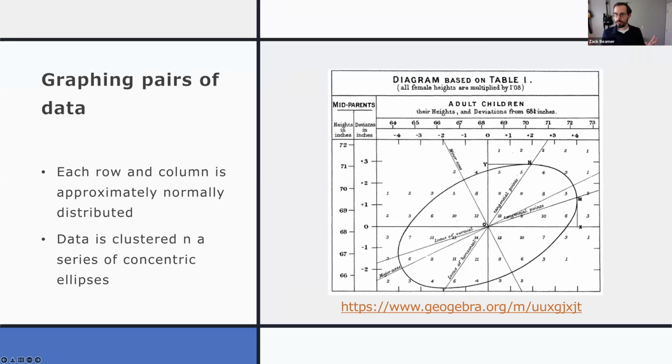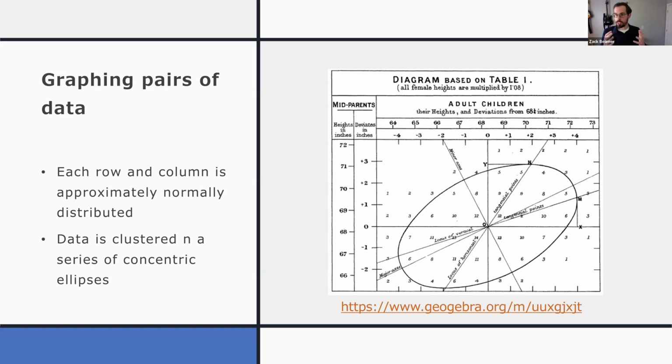So it turns out that when you plot the data on an XY axis, a couple of things happen. First, each row and column ends up being approximately a bell curve, basically. So you get this sort of clustering. If you know the heights of the parents, you have a roughly normal distribution for how tall their children are. But actually, it works the other direction. If you know how tall a child is, you can make a guess about how tall their parents were when combined, right?